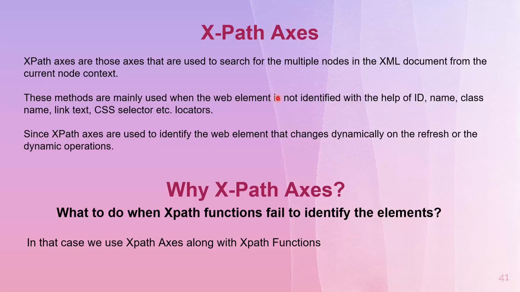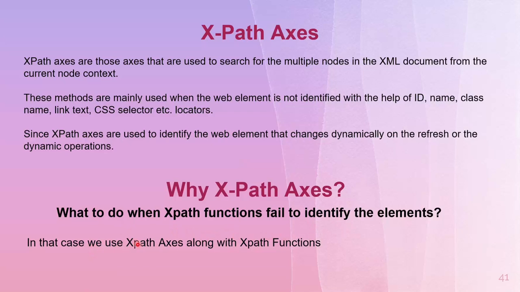Why? See, in the previous tutorial I explained about some of the Xpath functions, right? That is the contains method and the text method and the starts with method. So even after using those Xpath functions, we cannot identify the element. That is when we can use the Xpath Axes. So what to do when the Xpath functions fail to identify the elements?